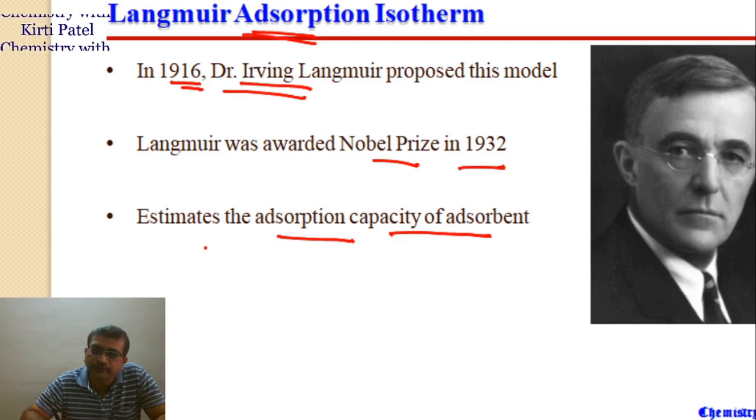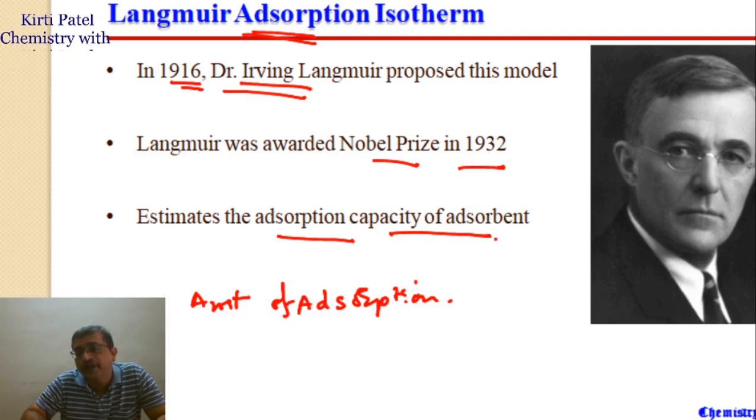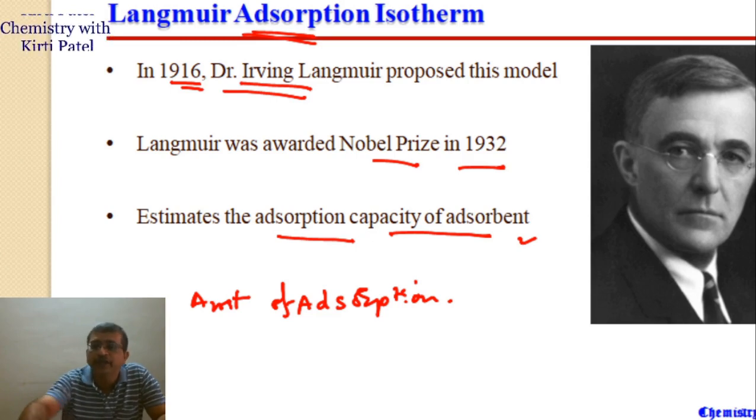The Freundlich adsorption isotherm estimated the amount of adsorption, while this is estimating the adsorption capacity of the adsorbent. This is very important practically because it will estimate how good a particular substance is for adsorption processes. So we can compare one substance to another very easily by using the adsorption capacity of the adsorbents.